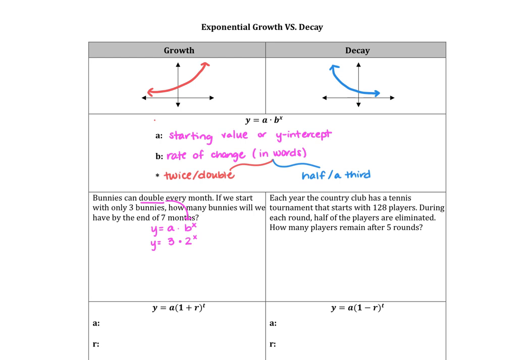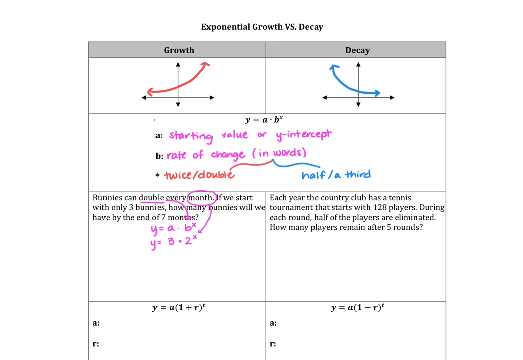Now, it's really important to understand that this exponent is measured in whatever units that my rate of change is happening. So my rate of change is doubling every month. So that means my x is measured in months. So what I'm going to do is go into my calculator. I'm going to type in my equation, y equals 3 times 2 to the x power.